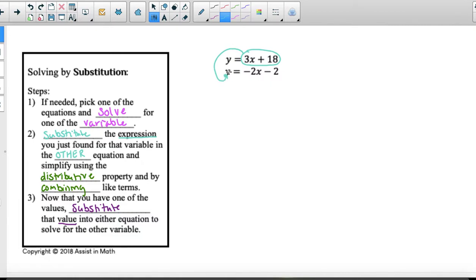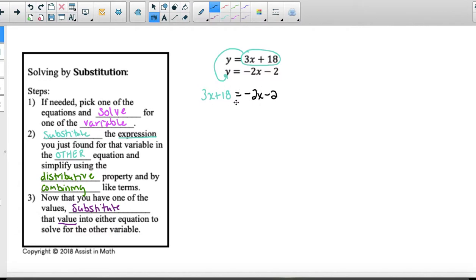If we rewrite, this equation now becomes 3x plus 18 equals negative 2x minus 2, which was never touched. We have just substituted the expression into the other equation for that same variable.